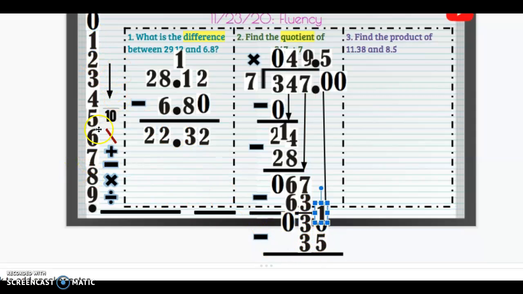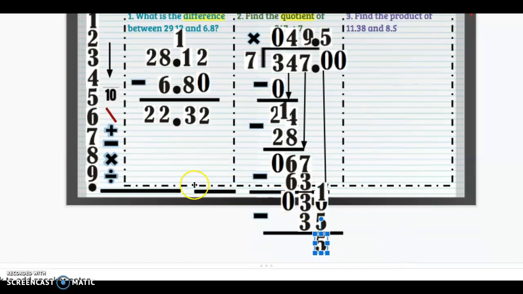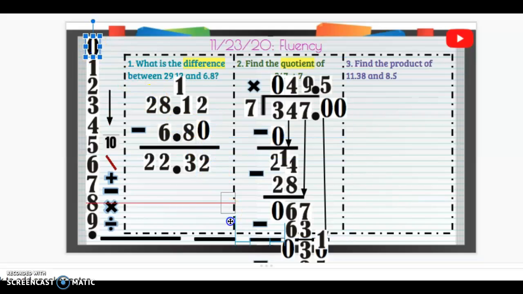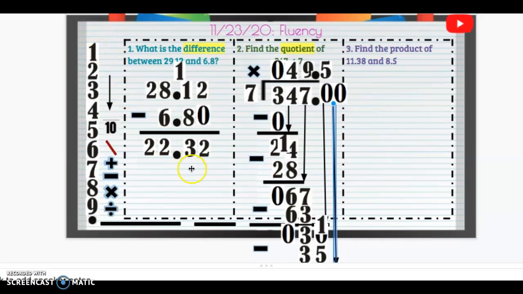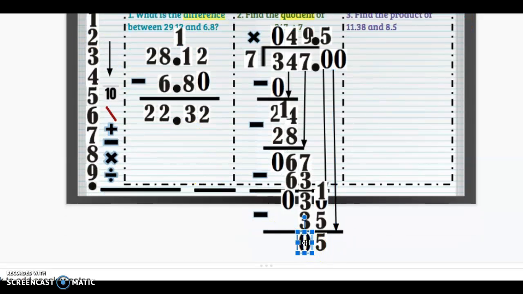So 10 minus 5 is 5, 3 minus 3 is 0, and then you bring down that last 0. And then you bring down that 0, and you get 50.